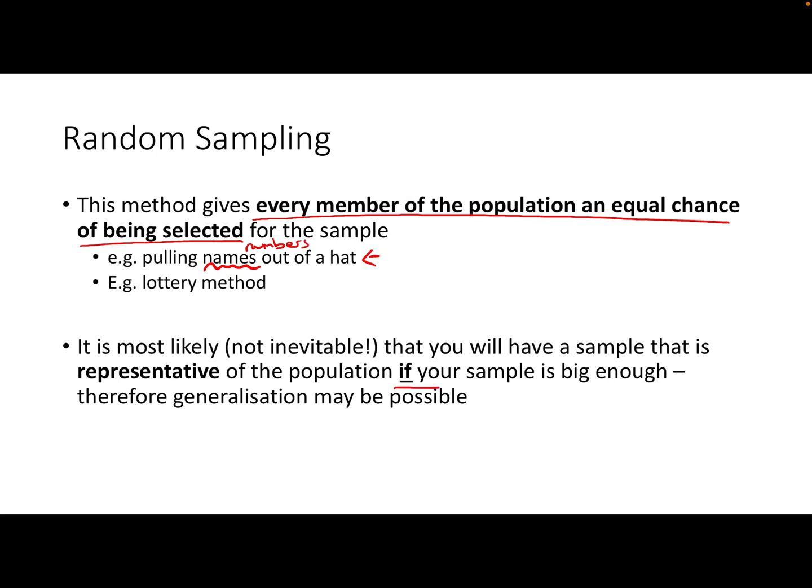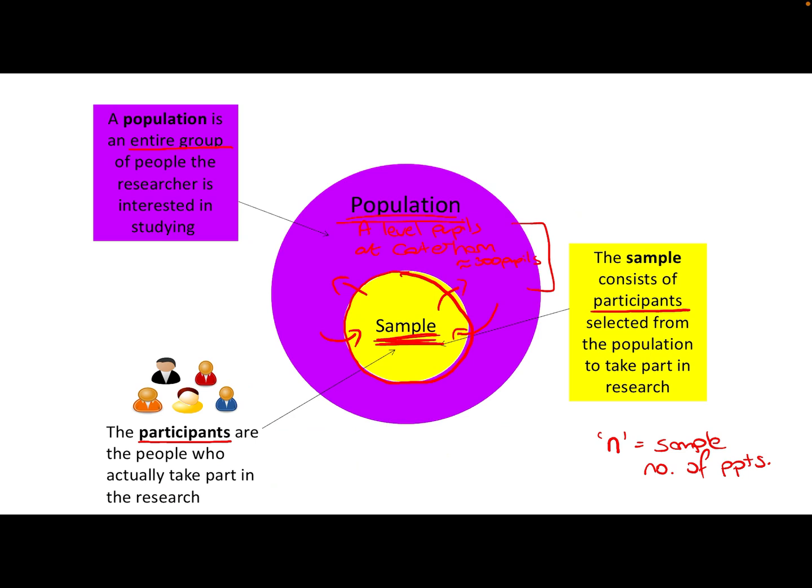If you have a big enough sample, if you select enough participants, then it's likely, although not guaranteed, but likely that your population is going to be representative, and therefore you can make generalizations. So if we just go back a moment to this diagram here, if we've got 300 pupils in our population, we want to make sure that every single one of those pupils has an equal chance of being selected.